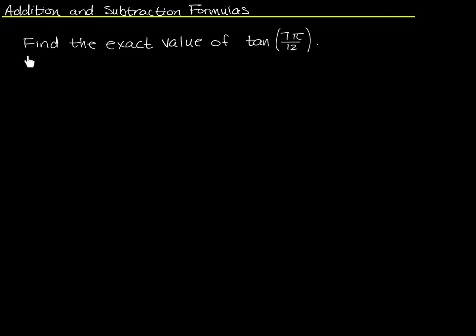All right, here we've been asked to find the exact value of the tangent of 7 pi over 12. Now, if I stick this in my calculator, I'll get a decimal approximation, and I might get a really pretty good one. I mean, I might get a decimal approximation to 8 or 9 or 10 decimal places, but that's not an exact value. So let's see if we can figure out a different way to write 7 pi over 12 so that I can take the tangent of some more familiar angles.